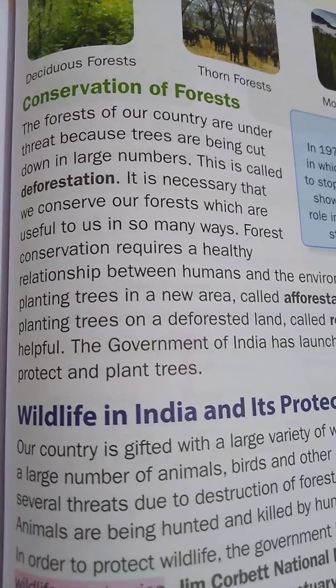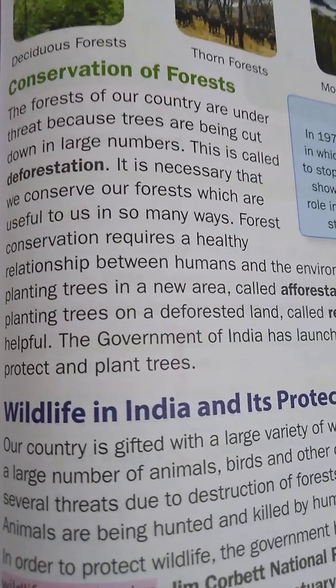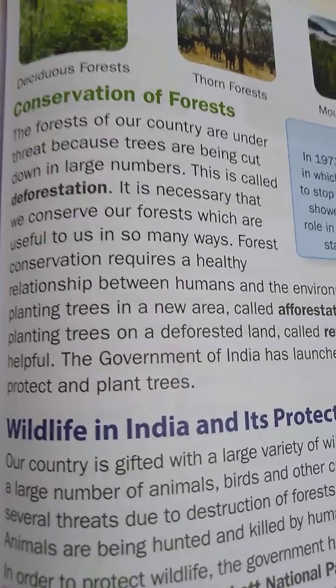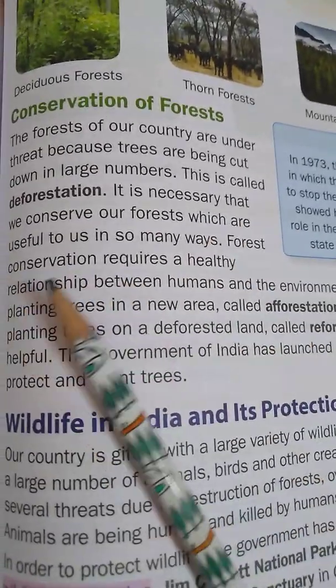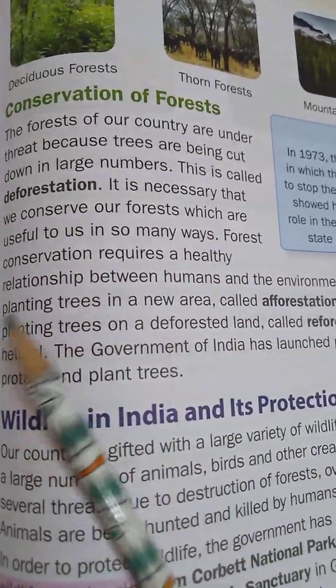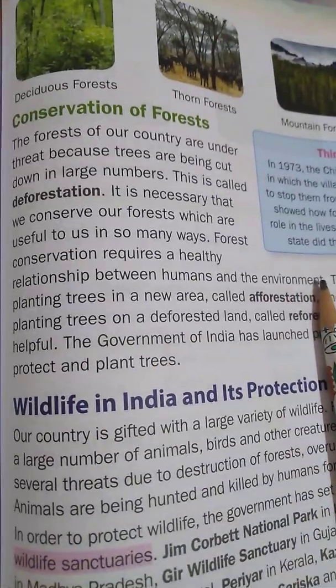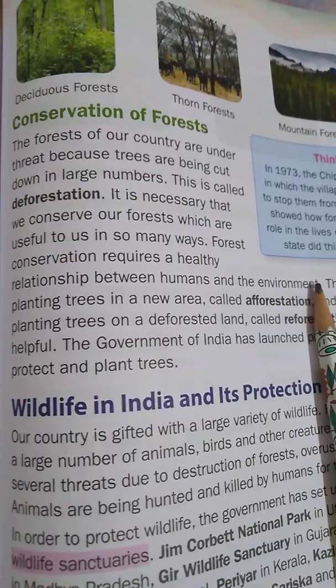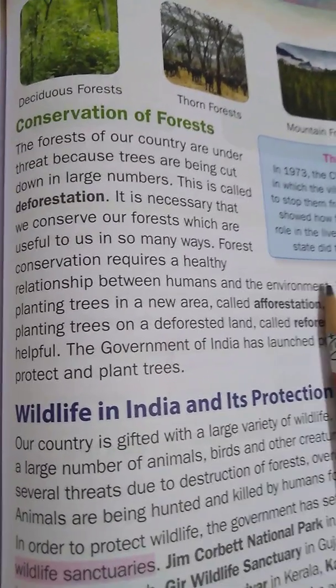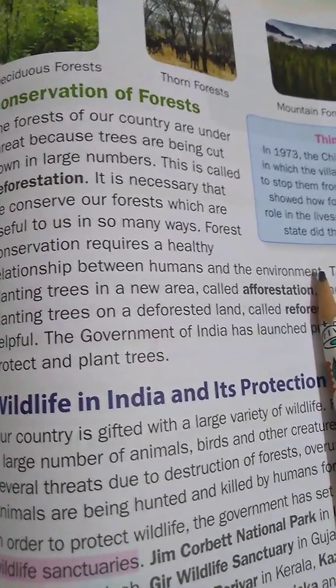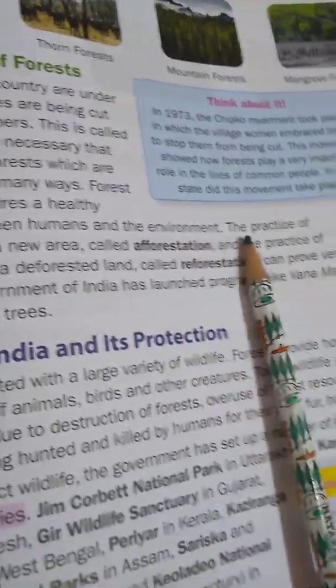So it's our responsibility to conserve and preserve our forest. Forest conservation requires a healthy relationship between humans and the environment. If we conserve our forest, then it gives us a healthy relationship between humans and the environment.